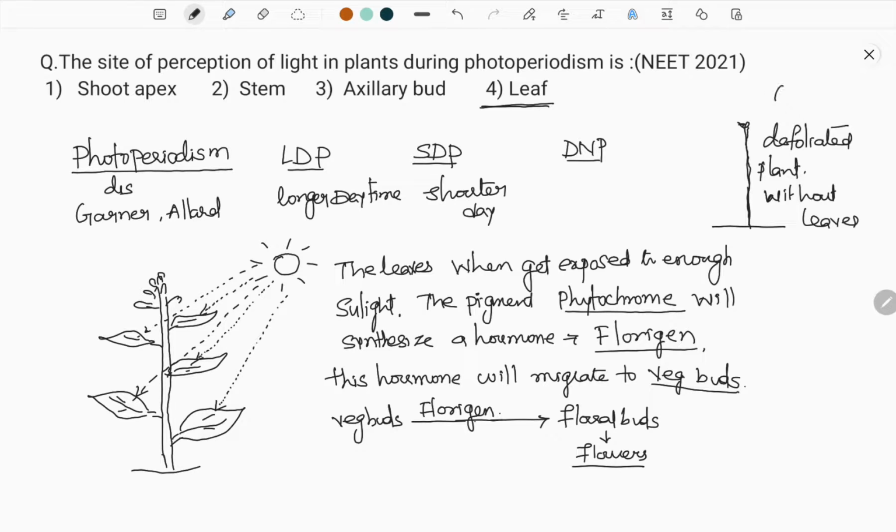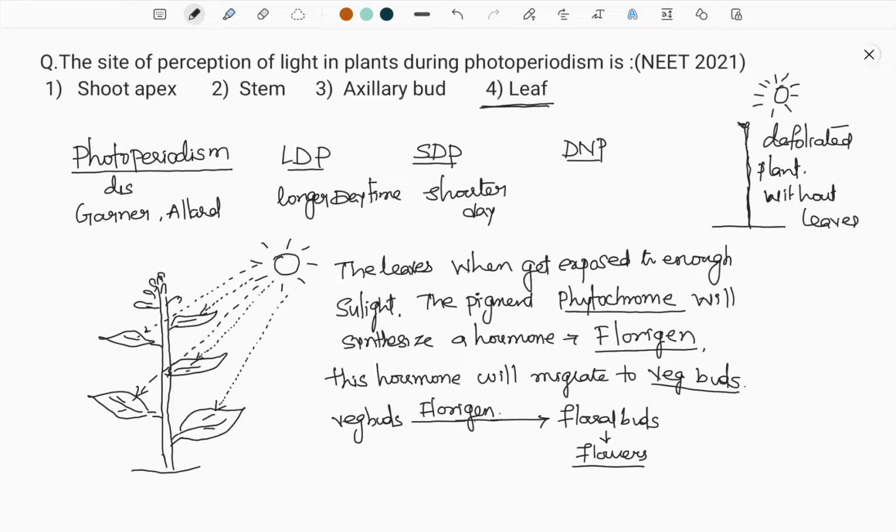When this plant is exposed to enough sunlight according to photoperiodism, but as there are no leaves in the plant, no phytochrome is there, and Florigen is not synthesized.